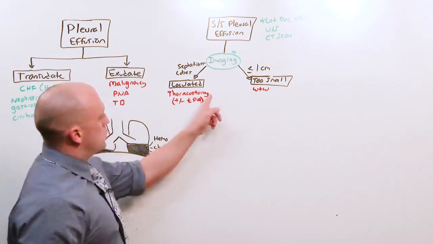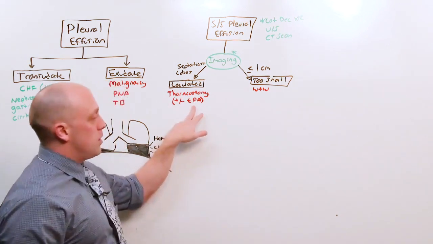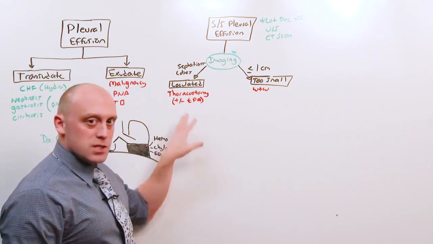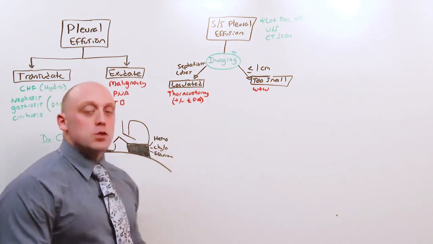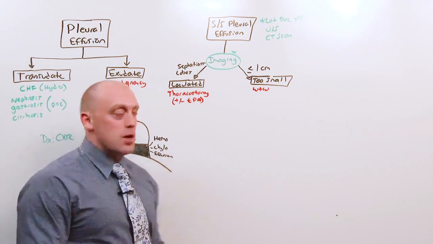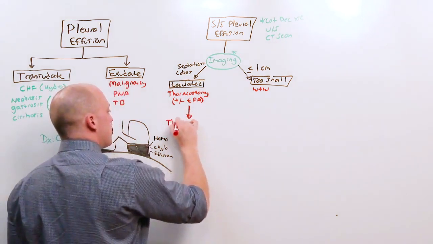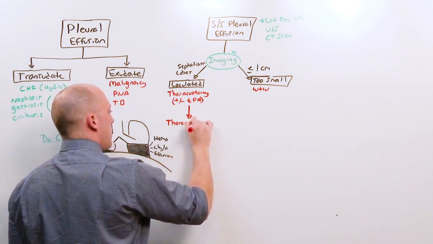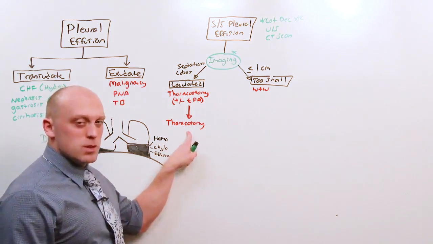The idea is you put the tube in so stuff drains. You can speed up the drain by using TPA. There's a little more nuance in here, but what I want to show you is that if the chest tube fails, you have to do something extra. If the thoracostomy fails, you need to do a thoracotomy. That is, crack the chest and get in there and do some surgery. This is for debridement.